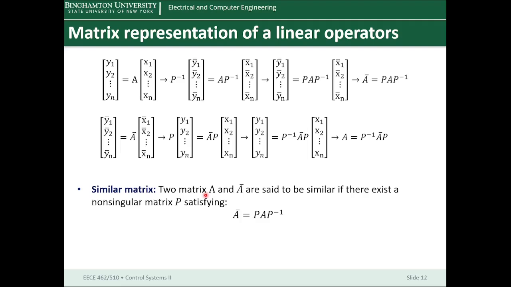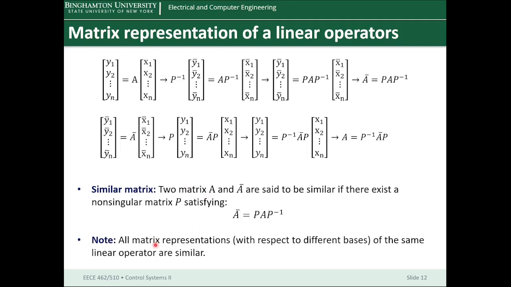We say that A and A bar are similar matrices if there exists a non-singular matrix P such that A bar equals P times A times P inverse. This is very good news because it means that all the different matrix representations of the same linear operator, when expressed in different bases, are similar matrices.